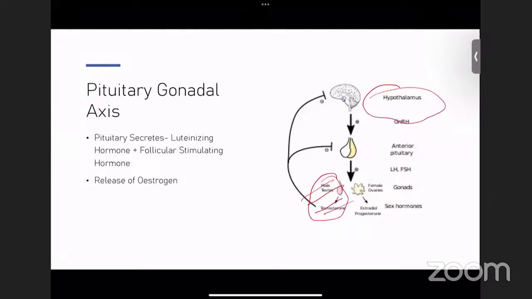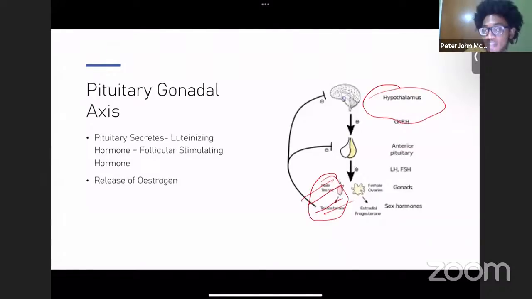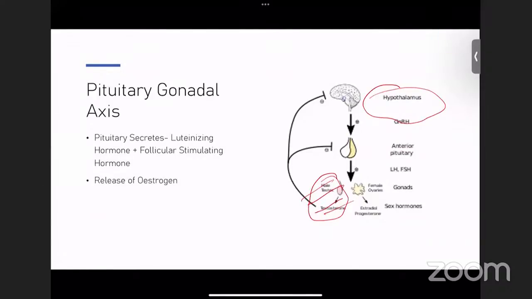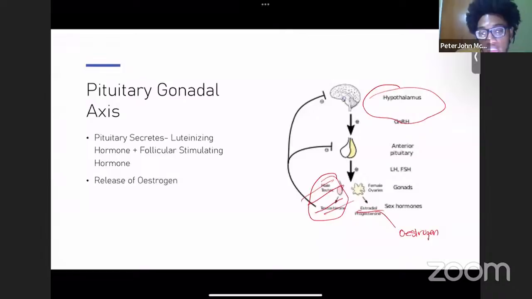What's the female gonad? The ovary, guys. The ovary is a female gonad. Estradiol is just estrogen. And progesterone.